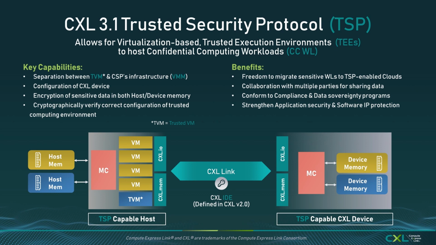On the left side, we have a host that has its own memory that's connected to the host and has regions of memory that are trusted memory for particular trusted VMs, and regular host memory. So there's two colors indicating that. We're extending that into the CXL. So on the right, we have a CXL capable device that has both the blue memory, the trusted memory, as well as untrusted memory, or memory for regular VMs. And again, building on top of the link IDE feature, we provide security across the link, protecting against hardware adversaries there.